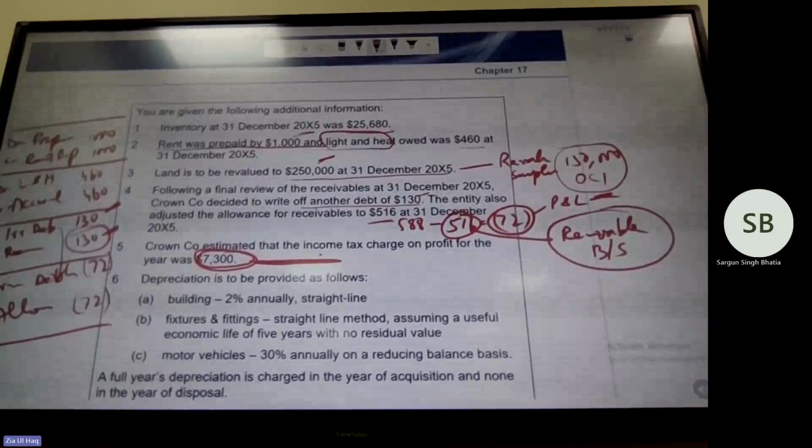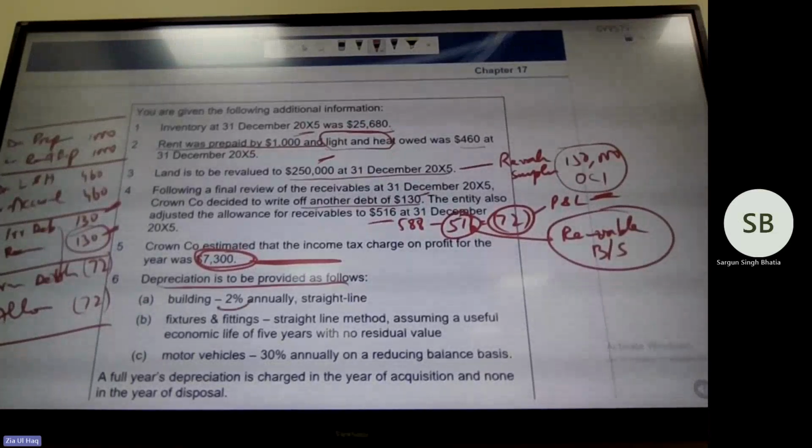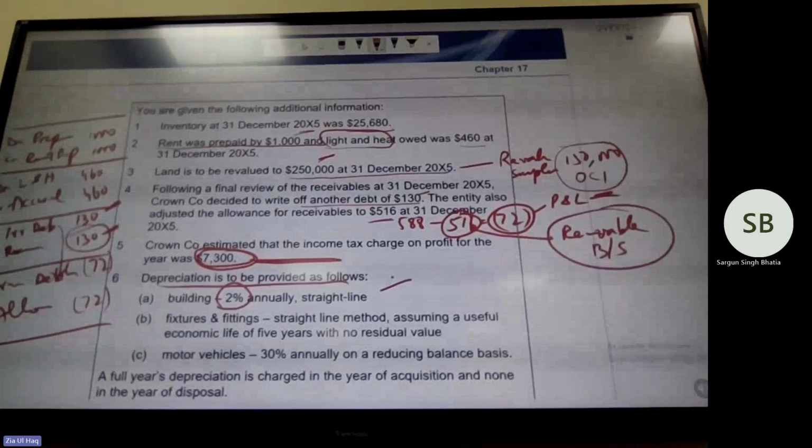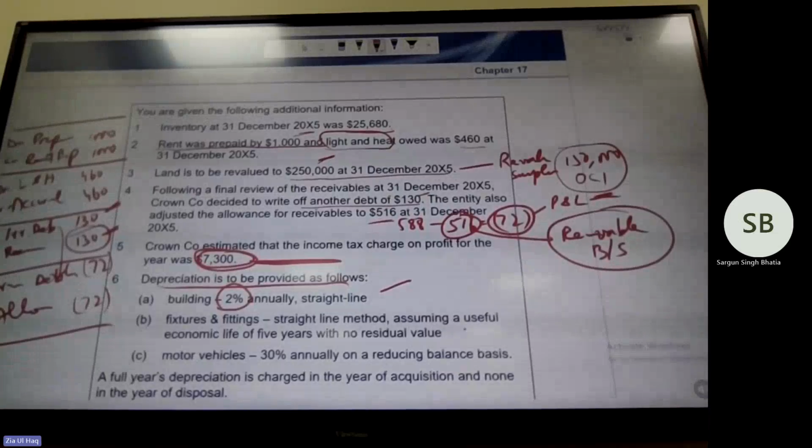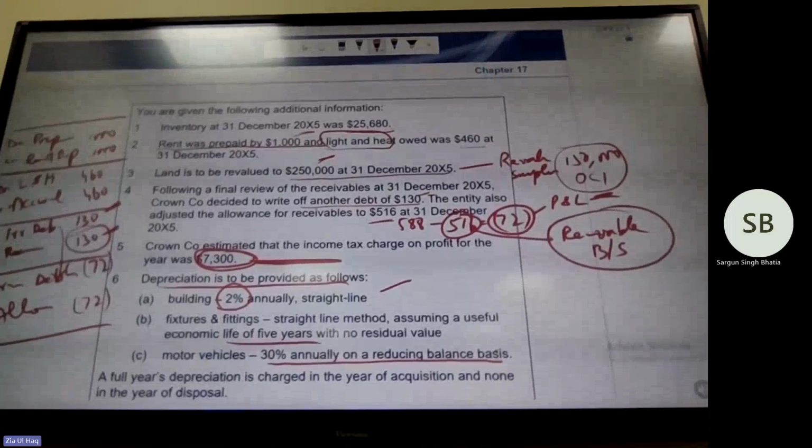And then there is depreciation on building. We need to calculate depreciation at 2% straight line, meaning cost multiplied by 2%. Fixtures and fittings are straight line, assuming a useful life of 5 years, meaning cost divided by 5 years. Motor vehicles are 30% annually on a reducing balance basis, meaning on written down value we charge 30%.